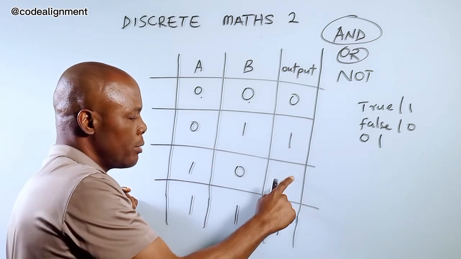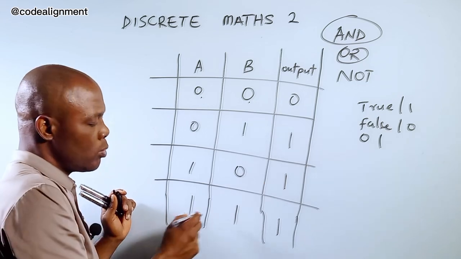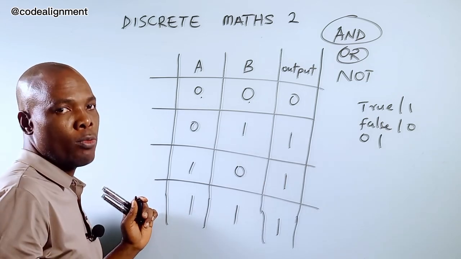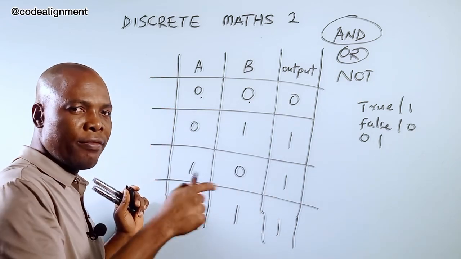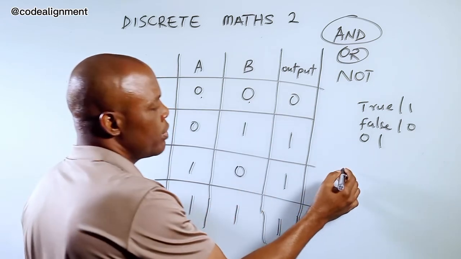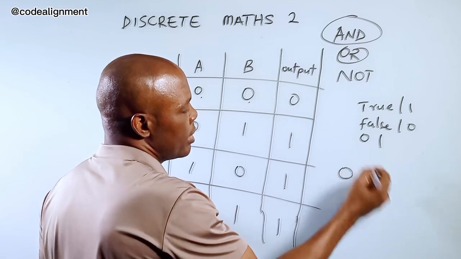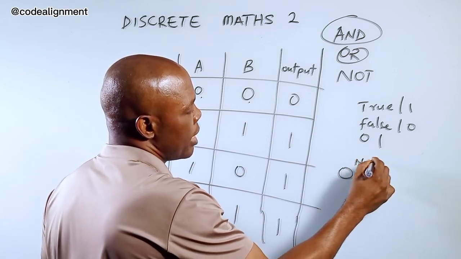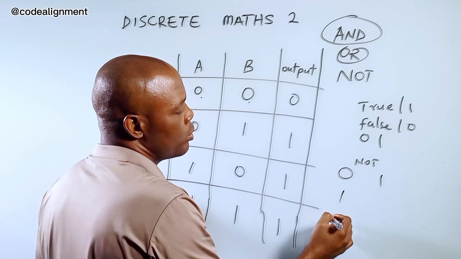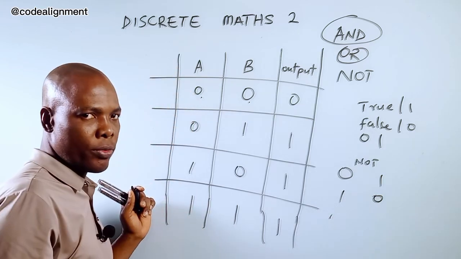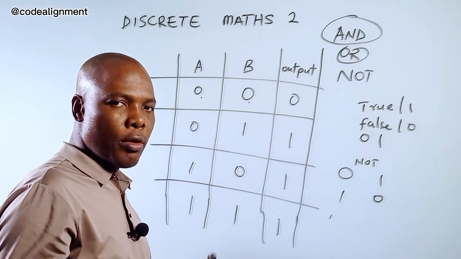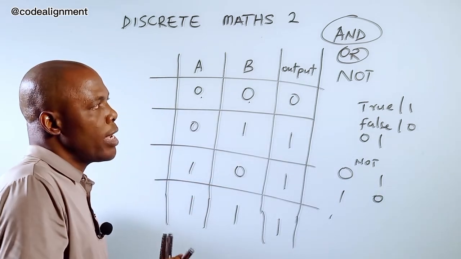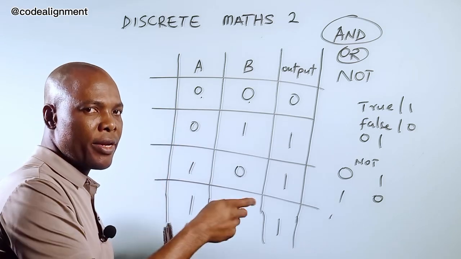OR is saying this place will be 1. This is 1, this is 1. So OR is saying it will be 1. Then what is NOT? NOT is simply a reverse of the input. So if the input is 0, then NOT will give us 1. If the input is 1, NOT will give us 0. That is truth table, following the concept of following binary state.